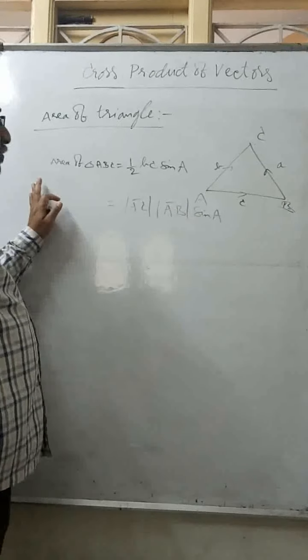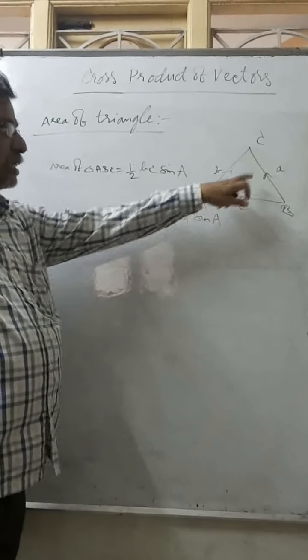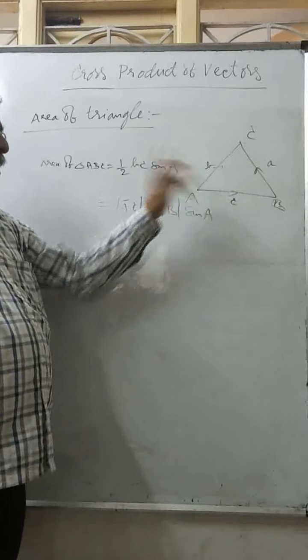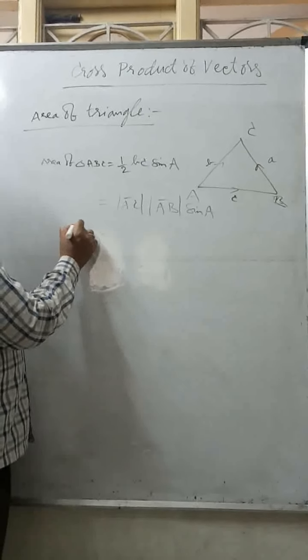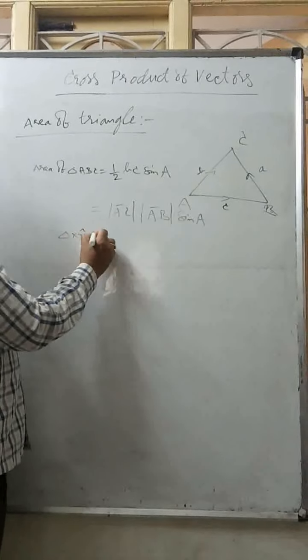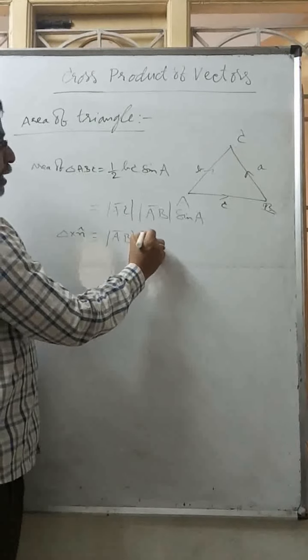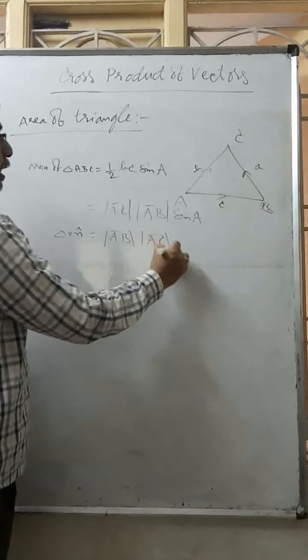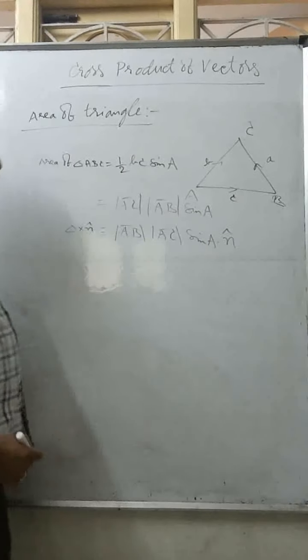Now if I want the vector area, the unit vector along the direction of this area is n bar cap. I will multiply n bar cap on both sides. So delta into n bar cap equals half mod AB bar into mod AC bar into sin A into n bar cap.